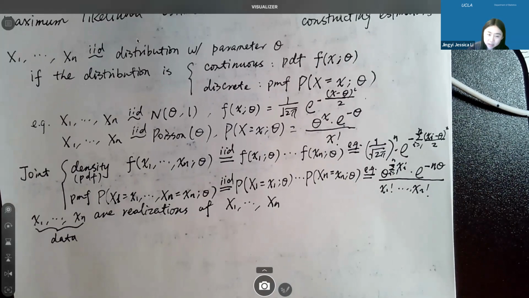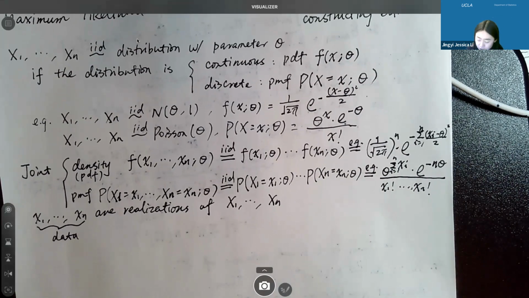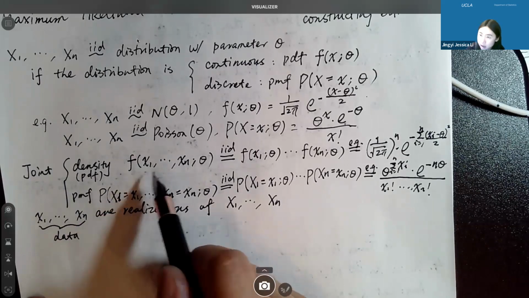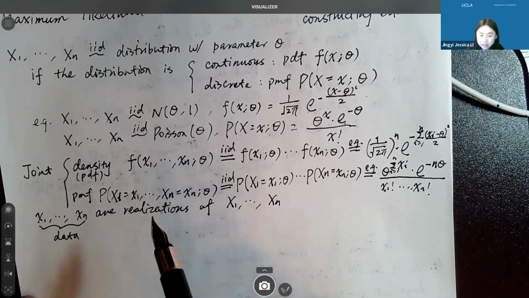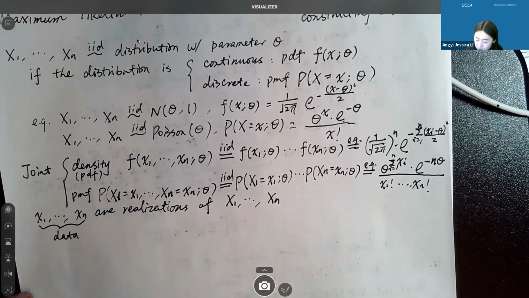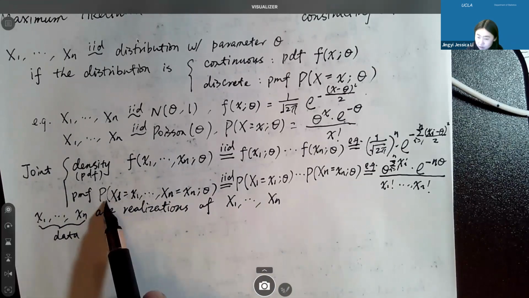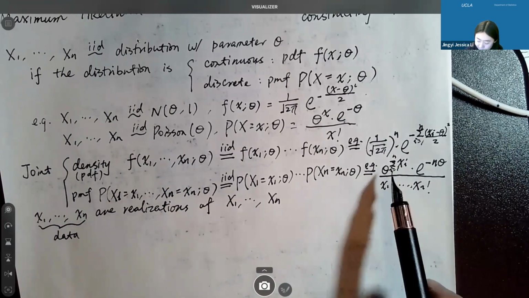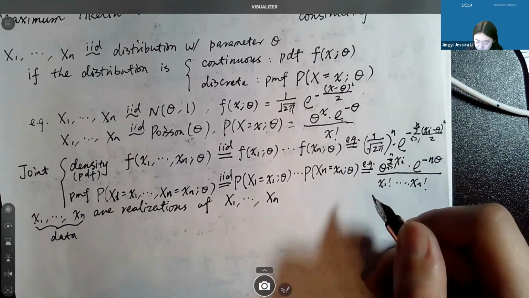So anyway, given this, how do we interpret this joint PDF or joint PMF? What it means is that given parameter theta, this is the chance that we are going to observe our data.